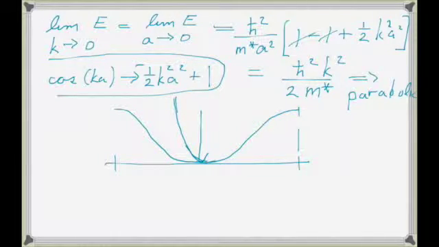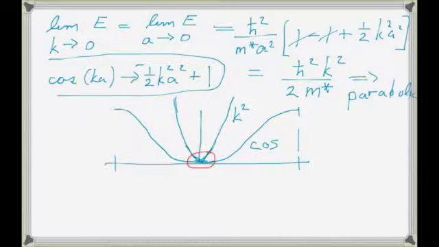Oh, that's terrible drawing, I should have used different colors. So this is my cosine band, this is my parabolic band, my k-squared band. Right down near k equals 0, in the limit of small k, they're going to be the same. They have the same curvature, the same second derivative.